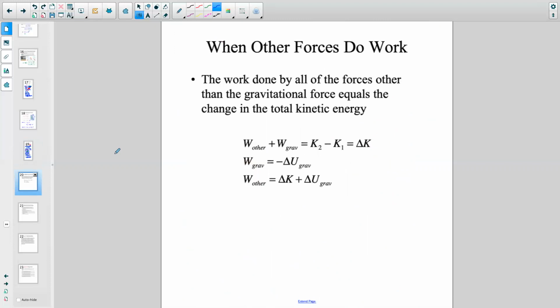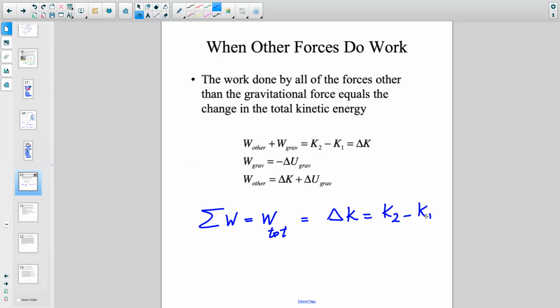So when other forces do work, how about that? The work done by all the forces other than gravitational force equals the change in the total kinetic energy. In other words, if you remember from the work-energy theorem, we have sigma W, or total work done by all the forces, is delta K, or K2 minus K1.